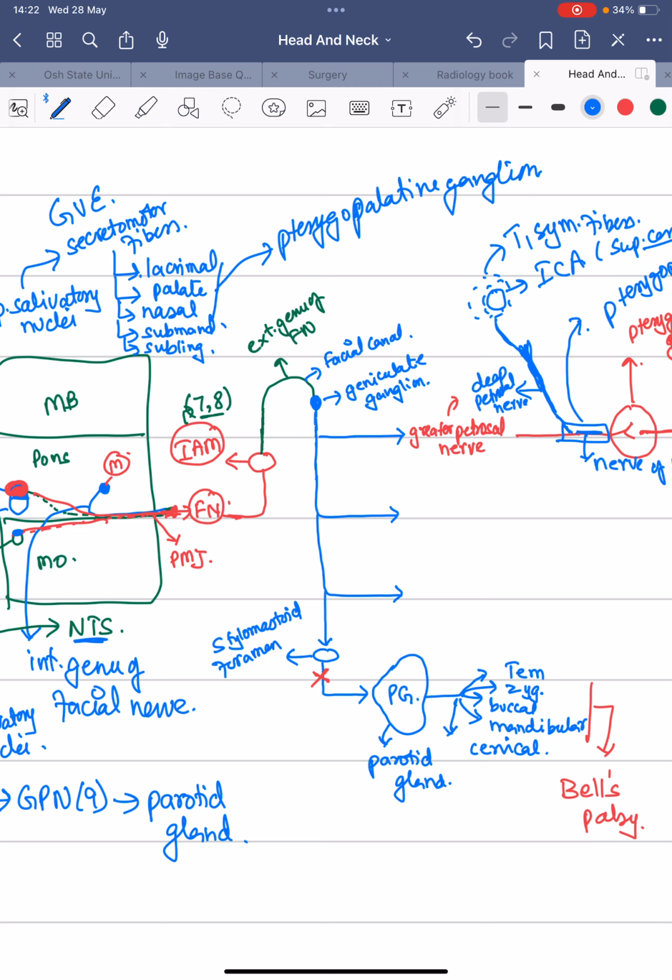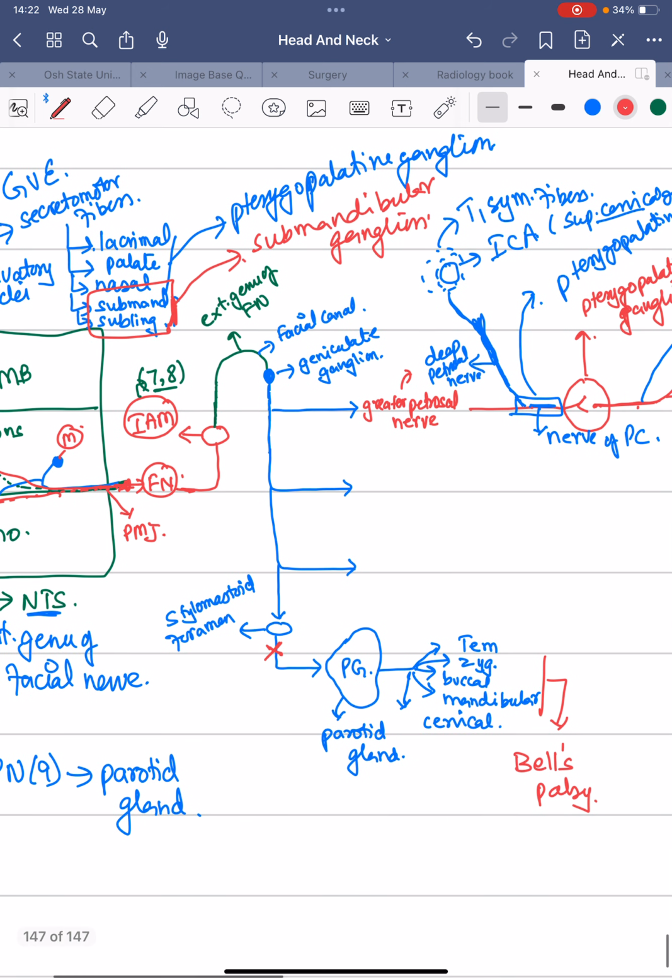The two remaining, submandibular and sublingual, are by your submandibular ganglion. It is by your what? Submandibular ganglion.